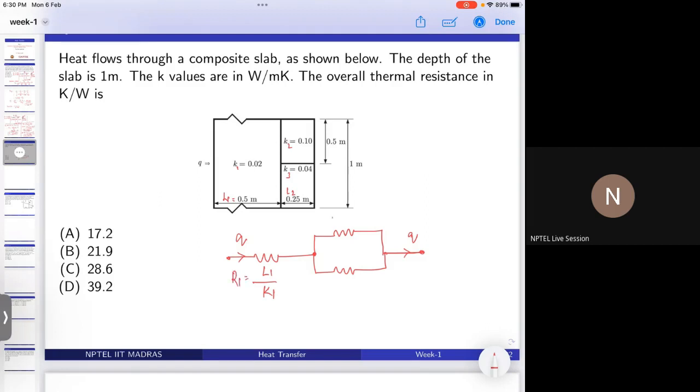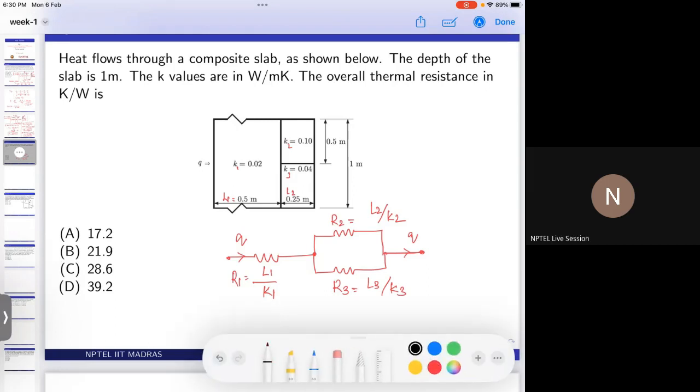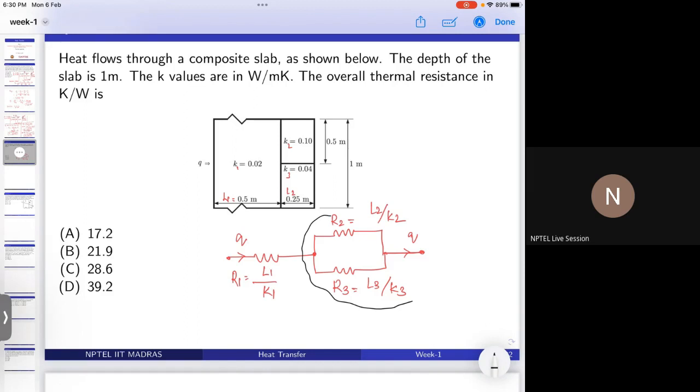R2 is equal to L2 by K2, and R3 is equal to L3 by K3. So we can simplify this network. This is a combination of a series and a parallel network.